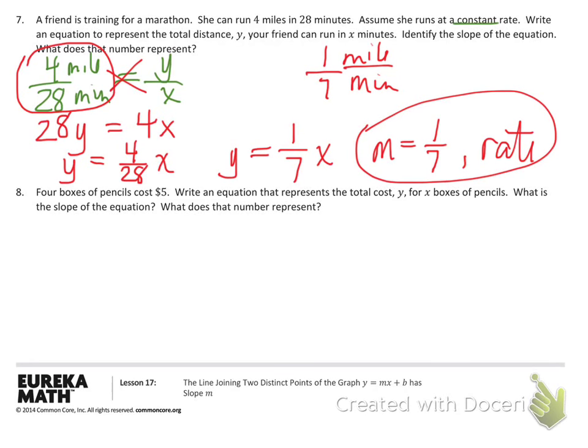Because I'm saying that every 4 boxes of pencils cost $5. And so I can write a ratio. So I can say $5 for every 4 boxes, and that's going to be a constant, no matter how many I buy. So I would have y dollars for x boxes.